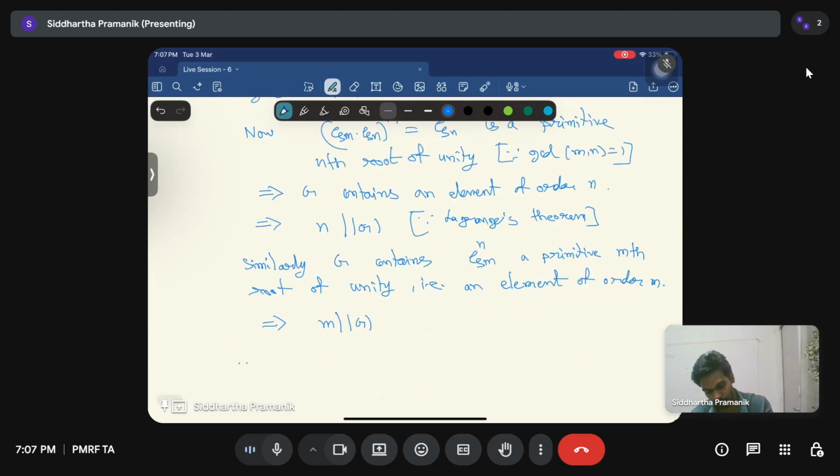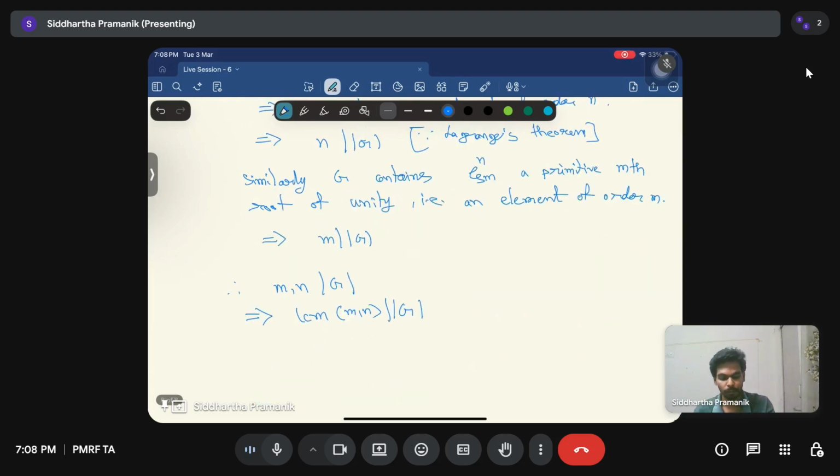So we are getting both. So both m and n divide the order of G. That will imply the LCM of m and n must divide the order of G. But what is the LCM of m and n? This is just mn, because their GCD is 1.